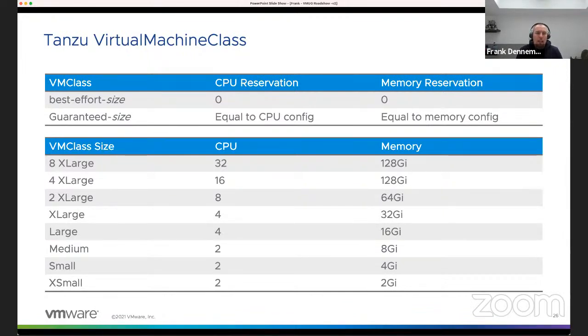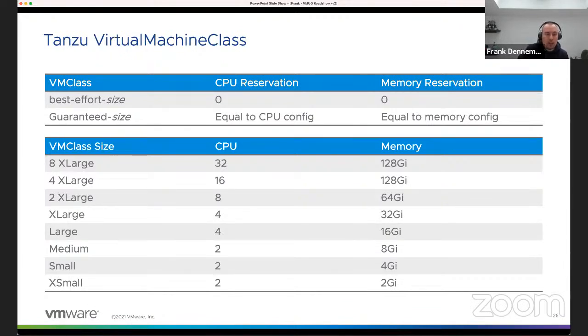But if you have a Kubernetes cluster that actually needs to run production workload, the best virtual machine class is the guaranteed class, because you're automatically applying a CPU reservation and a memory reservation that's equal to the virtual machine class size. Or if we dig into that, let's say we're looking at virtual machine class size large, you will see that that virtual machine will get 4 vCPUs and 16 gigs of memory.